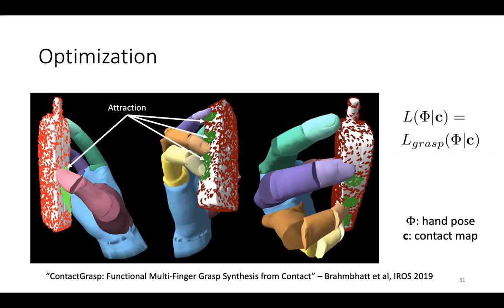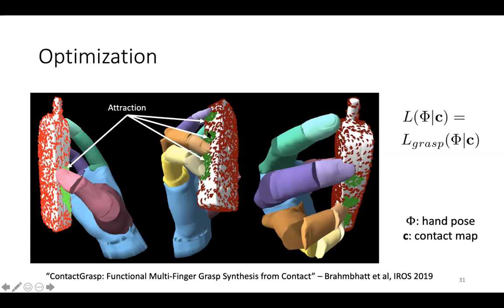The first one is, given this contact map, we actually discretize it. So we randomly sample various points on the object surface, and depending on whether each point was contacted or not, we binary threshold it into red and green regions.